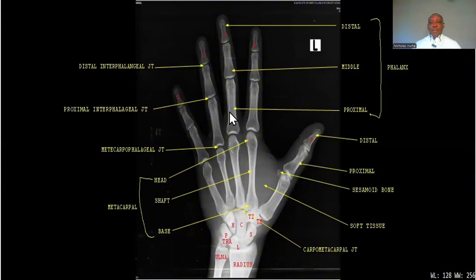And the phalanges have the proximal, the middle, and the distal phalanx. Okay, so these make up the radiographic anatomy of the hand.